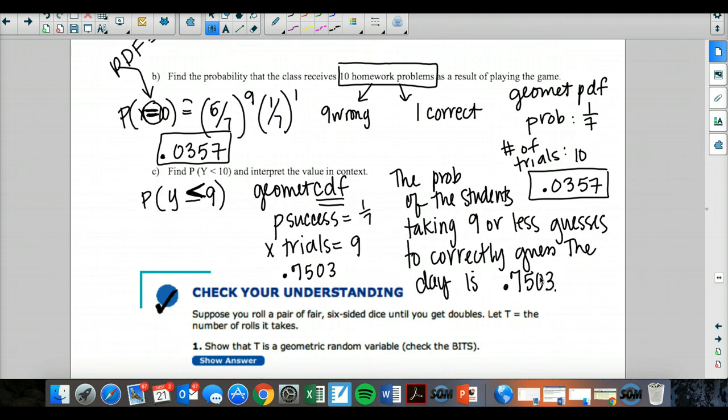So you can tell that's a cumulative because it's 9 or less. So it would be adding up 1 plus 2 plus 3 plus 4 all the way up to 9. So that's what less than or equal to 9 is.